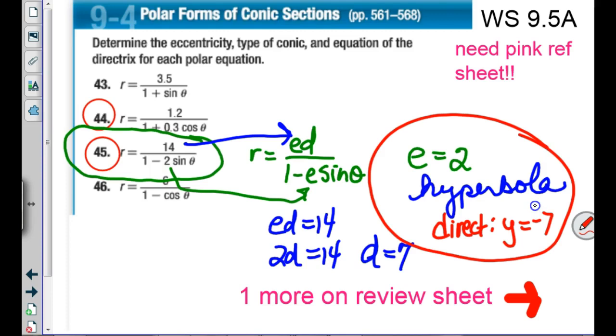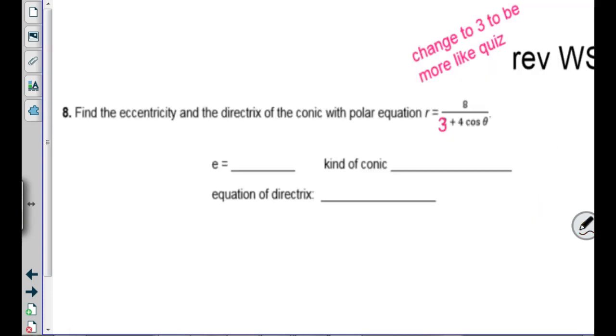The one on the quiz, though, starts out like this. It doesn't have a 1, and it isn't a nice fraction, so I changed this to a 3 for my example. Because it isn't nice on the quiz, you would divide everything by 3 here, so the top would become 8/3. If you divide this by 3 and this by 3, you'd end up with 1 plus 4/3 cosine theta.